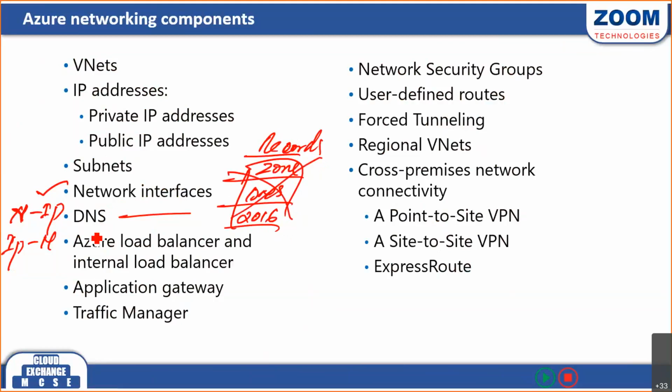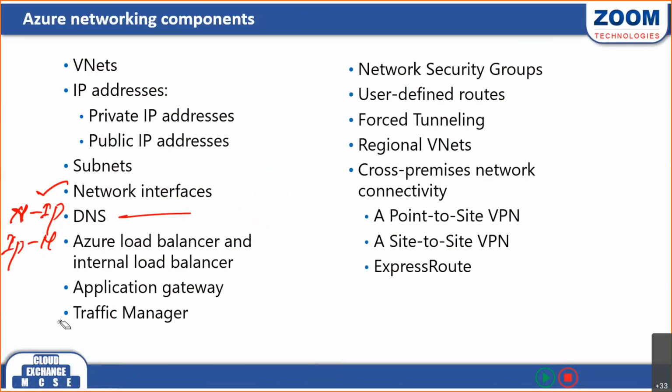In Azure, we already have the DNS service. Just directly go to Azure and create the zones and create the records. So we don't need a machine, we don't require an operating system. Just open the DNS service, create the zones, and inside the zones, create the records. This feature is available.